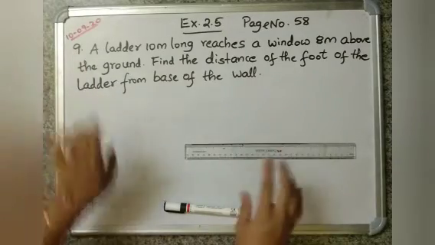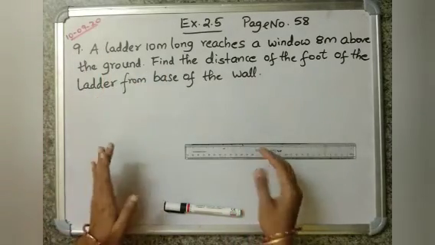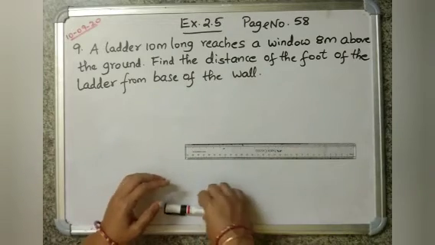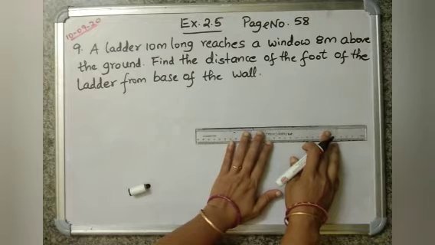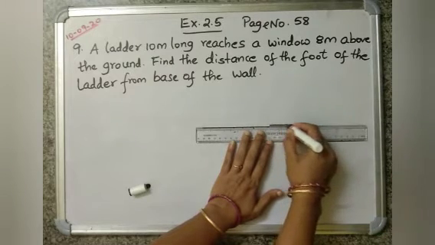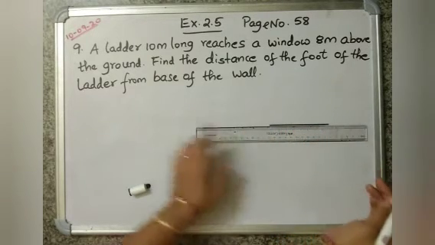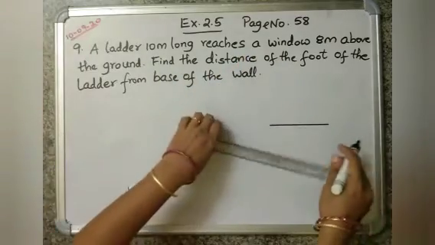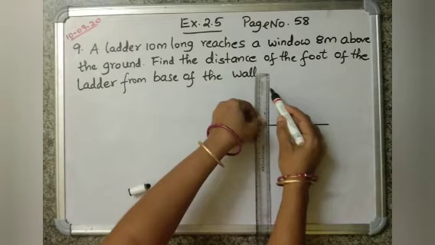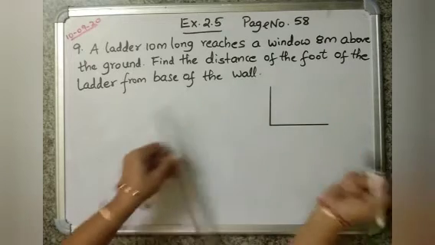Now you know that there is the window and the ladder. Now how will you keep the ladder to the window? That is on the ground, right? So here is the ground and the window is 8 meter above the ground.